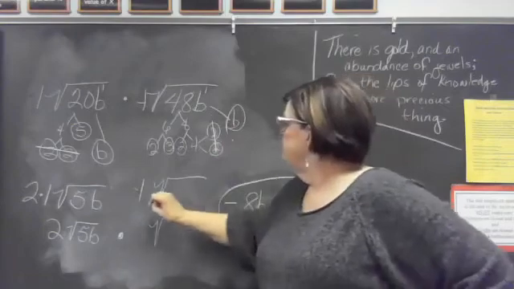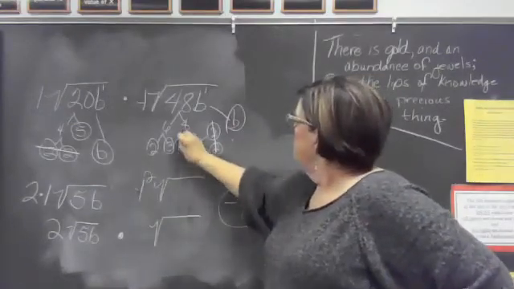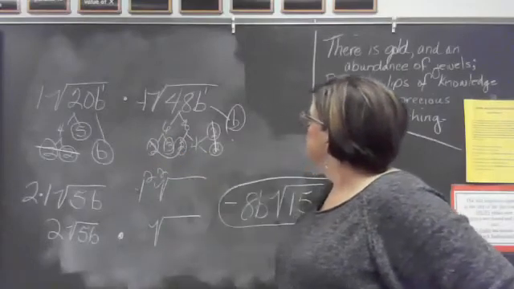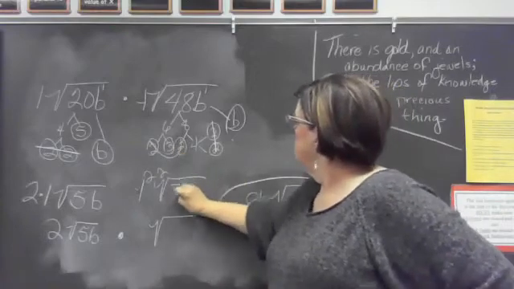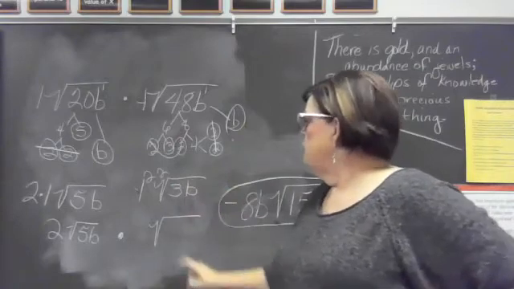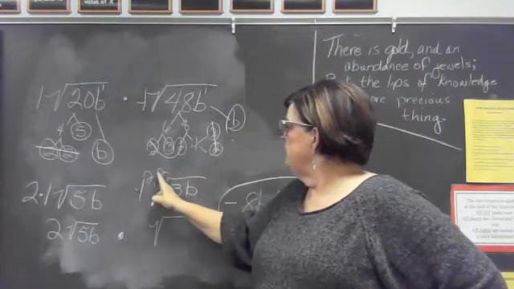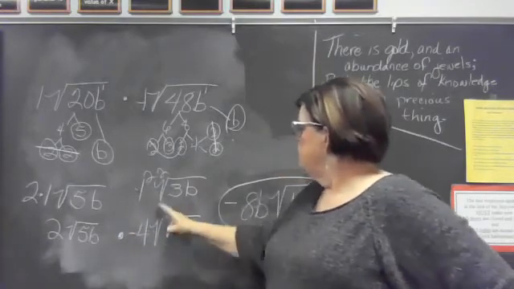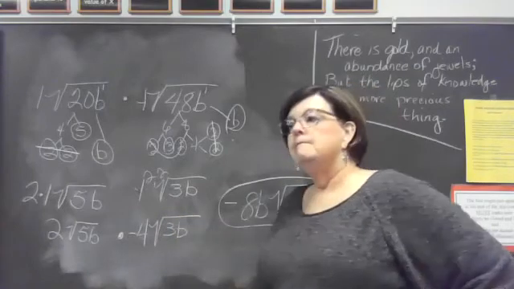So here's 1. So there's a 2 out here. And here's 1. There's another 2 out here. And then what's left inside is a 3 and a B. So if I multiply the -1 and the 2 and the 2, I have a -4 square roots of 3B.